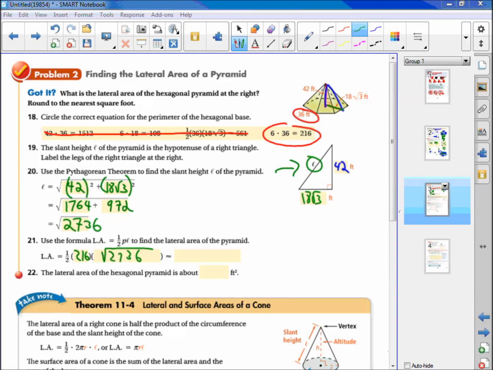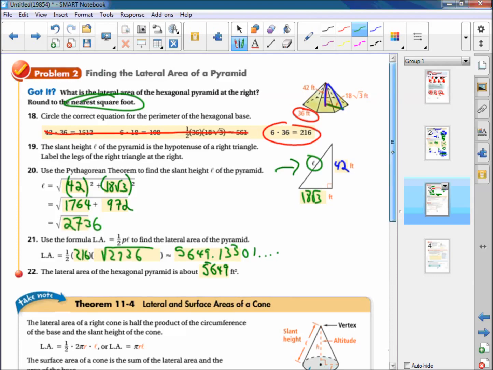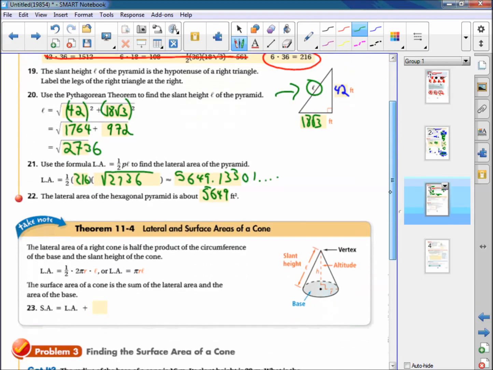If we type all that on our calculator, we're going to get about 5,649.13301, and it keeps on going. So we're going to round this to the nearest square foot. So this will be 5,649 square feet for the lateral area. So the area of those 6 triangles that go around the edges of the pyramid is 5,649.